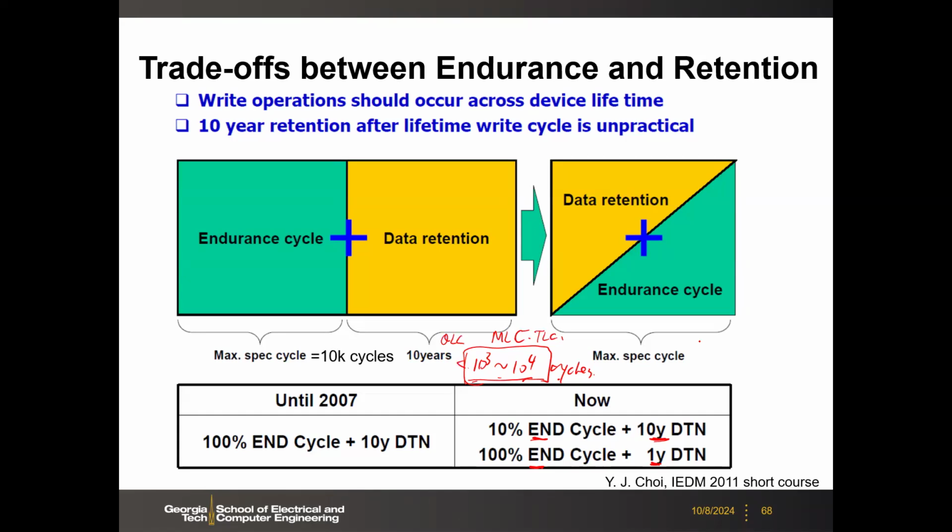And data retention, the typical requirement for the SLC is 10 years at 85 degrees. We're talking about the commercial application.